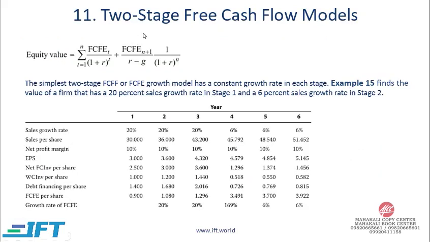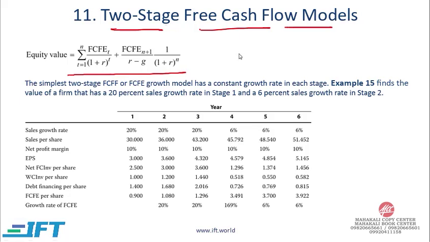Continuing with material that we've seen before, two-stage free cash flow models. We talked about this in the context of dividend discount models. Now, instead of taking dividends, we take free cash flows, and then after that the concept is the same. So this formula is one that you should be quite familiar with by now. What do you do in a two-stage model?